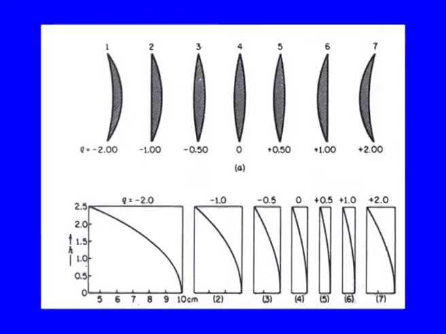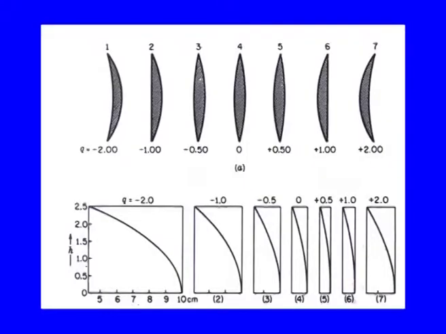Let us consider several lenses, 1, 2, 3, 4, with different shape factors given here. For a biconvex lens, that is number 4, the shape factor is 0. In the bottom figure, on the vertical axis we have the height of the ray. 0 means along the axis, and from 0.5 going up to 2.5 is the height of the ray.